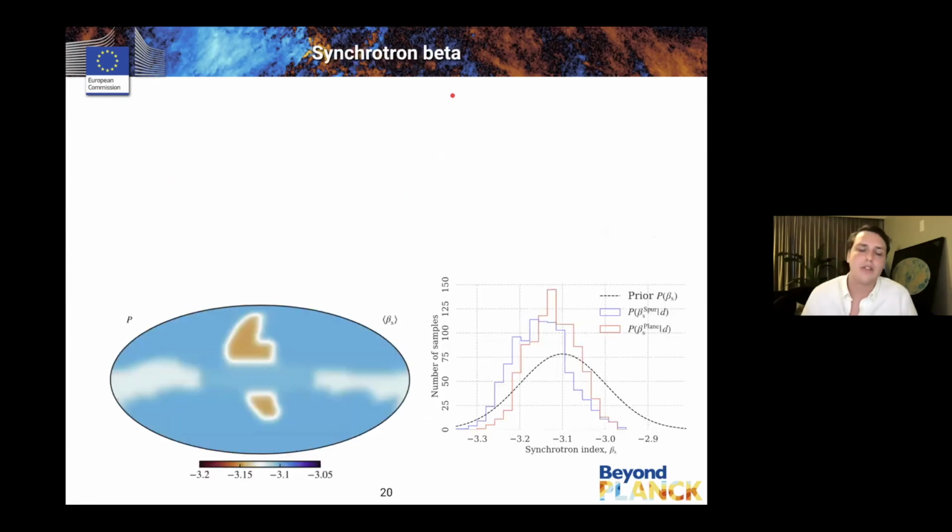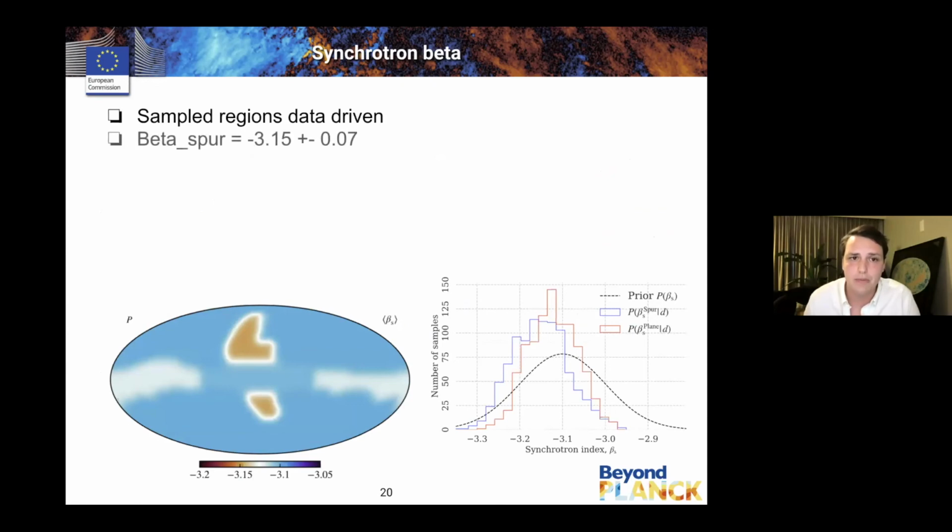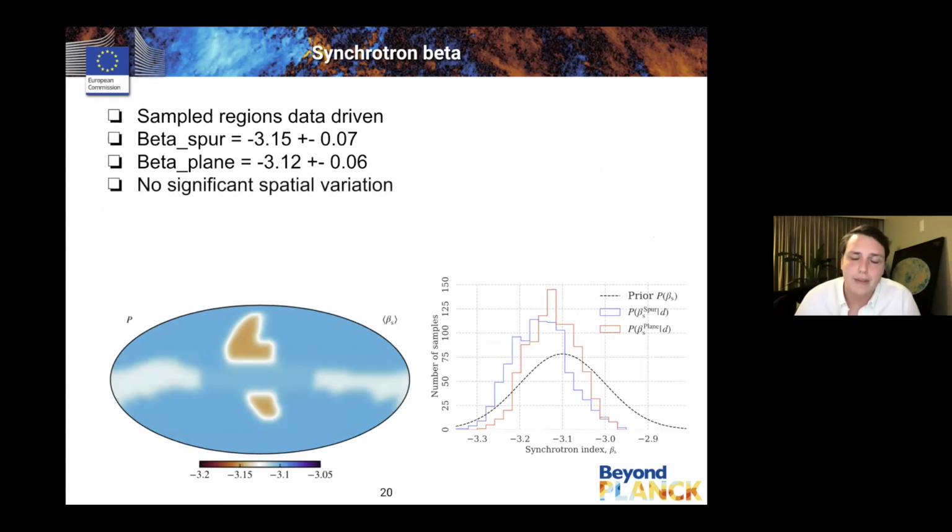And the final results here are that they seem to be data driven and converge on these 2 values. And from these and their width, we can't deduce any significant spatial variations.